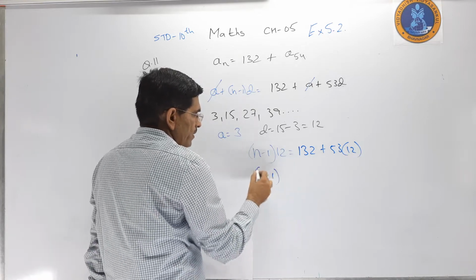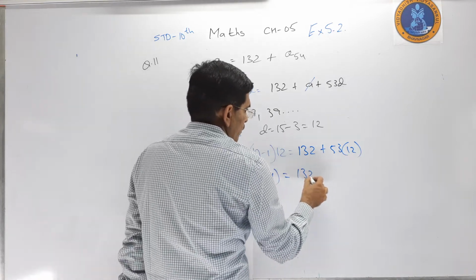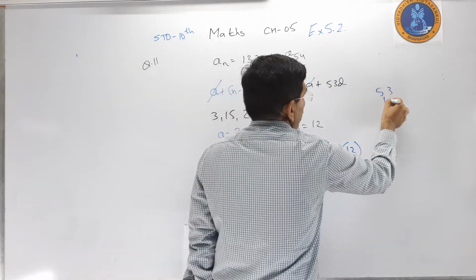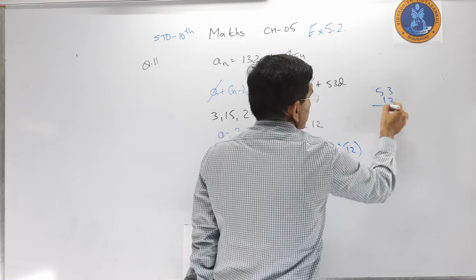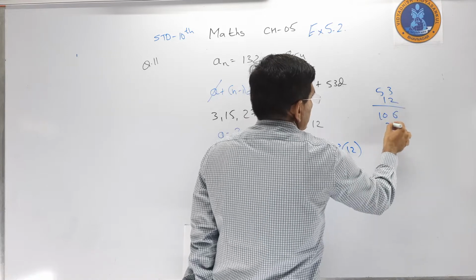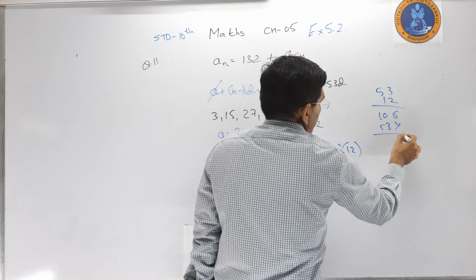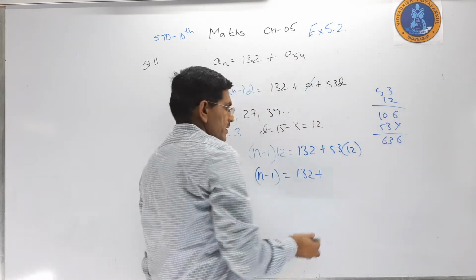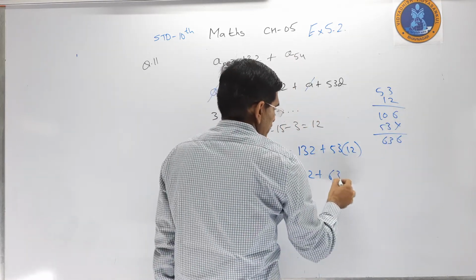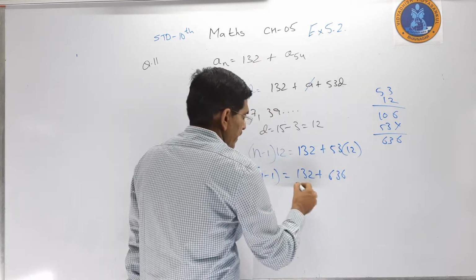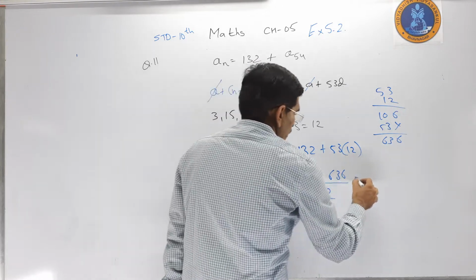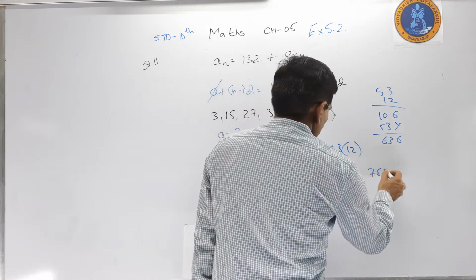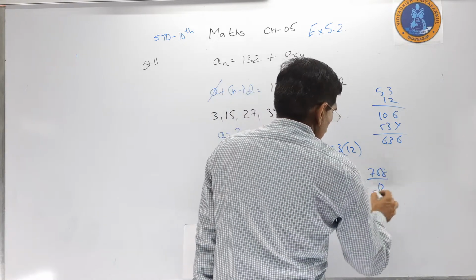We can do it in a different way. n minus 1 equals 132 plus 53 into 12. 53 times 12 is 636. If I total it, that is 768 divided by 12.